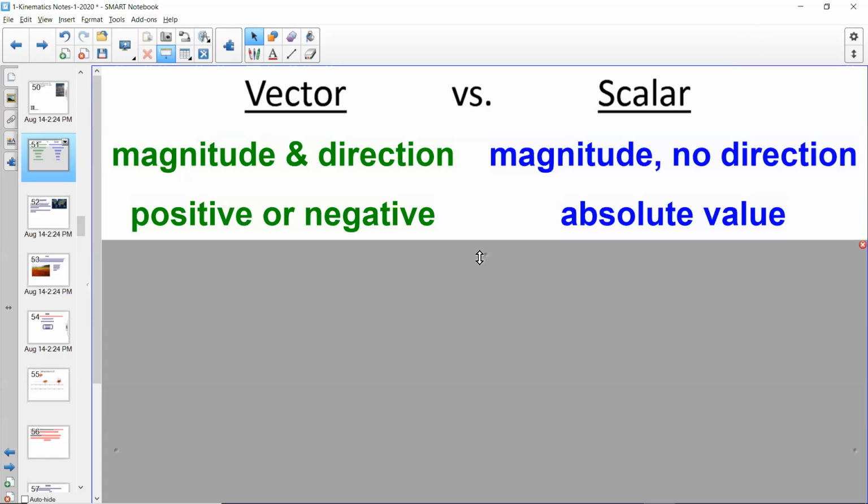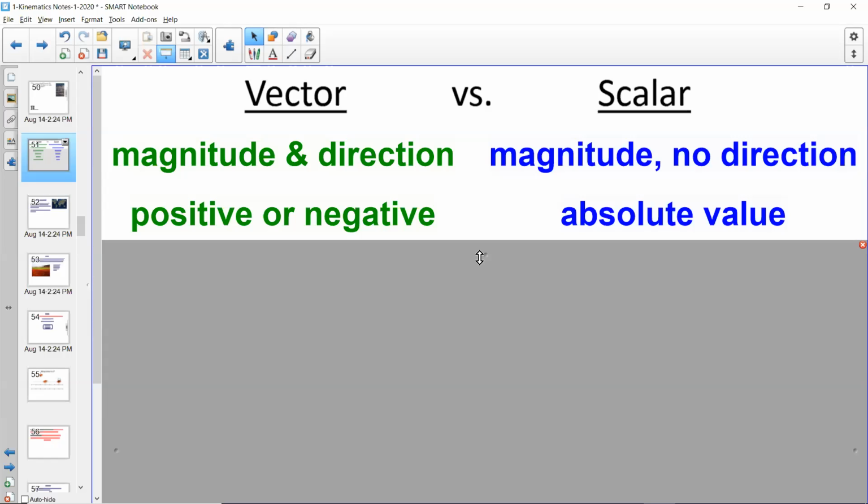So vectors can be positive or negative because if they're going north or forward or east or right, they're considered positive directions. If you think about the coordinate plane, the y-axis and the x-axis, going up or north is positive, going east or right is positive. And then if you think about that same coordinate axis, going left or west would be negative, going down or south would be negative. So we use that same sort of coordinate plane logic to figure out whether the direction would be considered positive or negative.